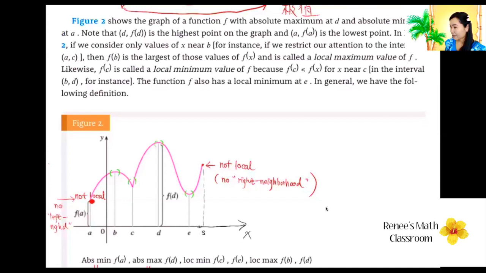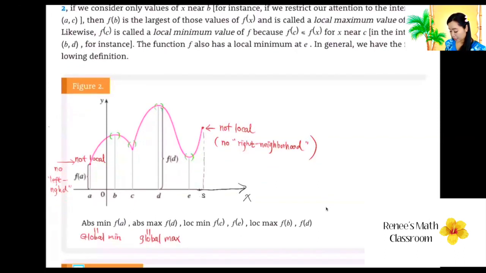It looks like the function value is the smallest on this interval from a to s, right? So the absolute minimum is f of a, that's the function value. The absolute maximum here is f of d, the function value at this point. That is the largest function value on this domain from a to s.